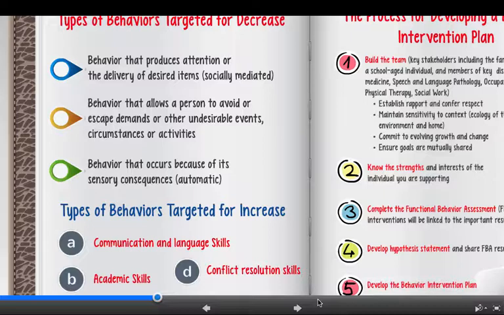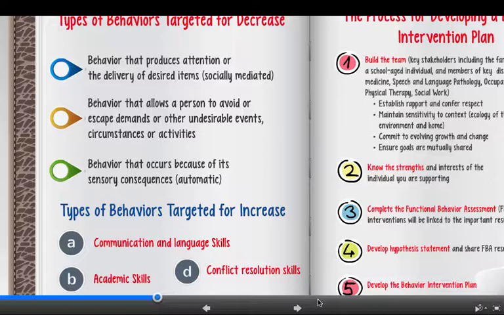It could be eye contact. Eye contact can serve as attention. It could be verbal in nature, where a person's words could function as a form of attention for the individual. Or it could be physical in nature. A person may engage in particular behaviors in order to get some kind of physical form of attention. So it could be verbal, non-verbal, physical in nature, and that's what I mean by attention-seeking behavior.